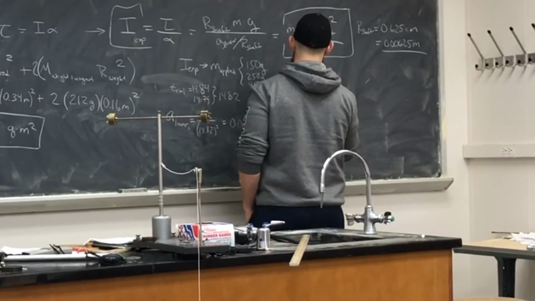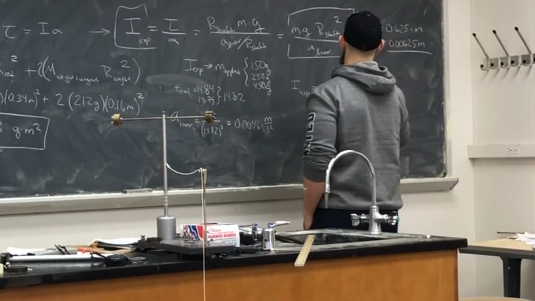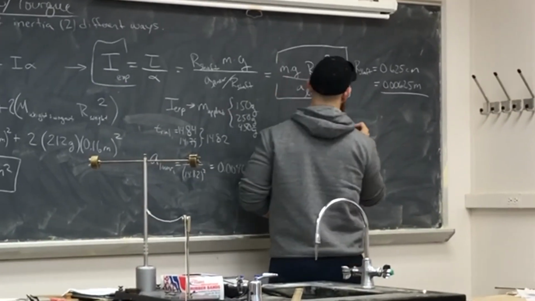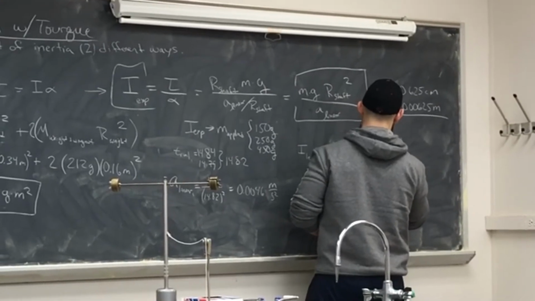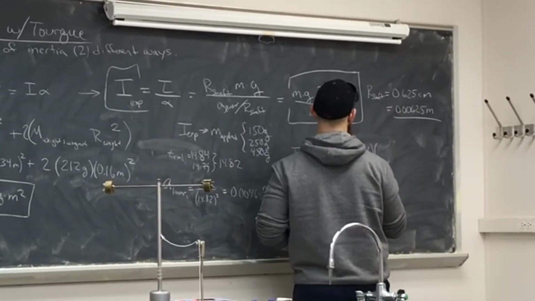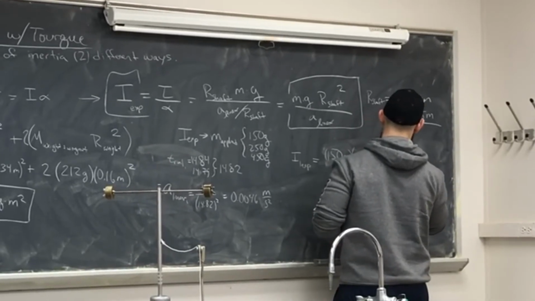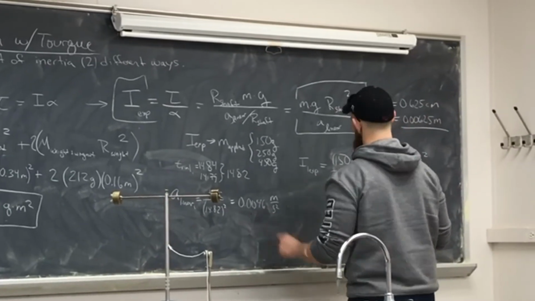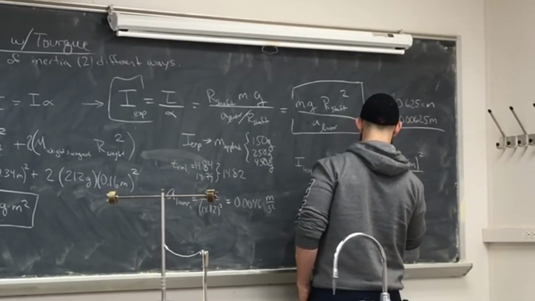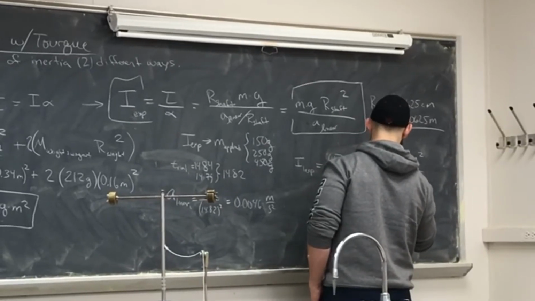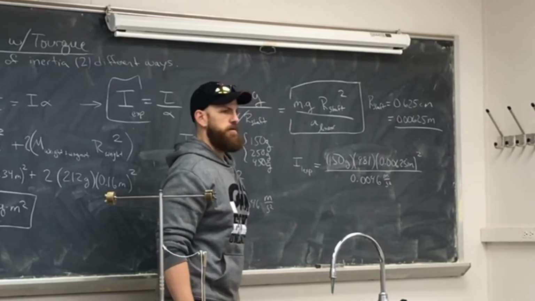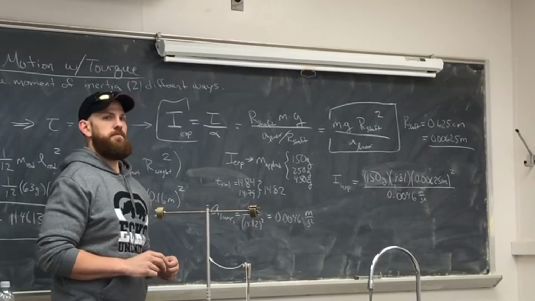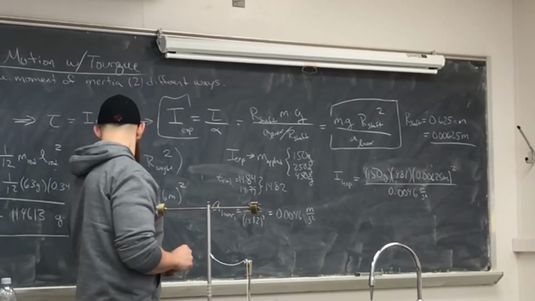And then from there, we can calculate the moment of inertia, experimental, I1. And that is equal to, okay, so we'll plug in all these values: 150 grams times gravity, which is 9.81, times the radius of the shaft, which is 0.00625 meters, that's squared, and all of that is divided by the linear acceleration, which is 0.0046 meters per second squared. 12.48.